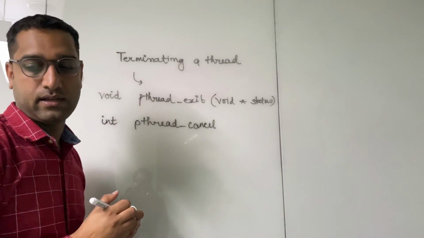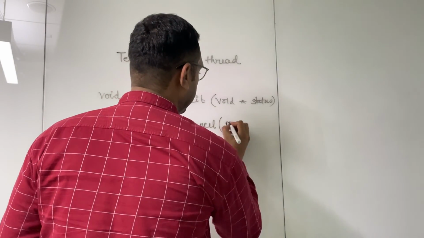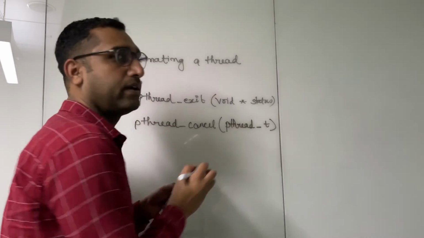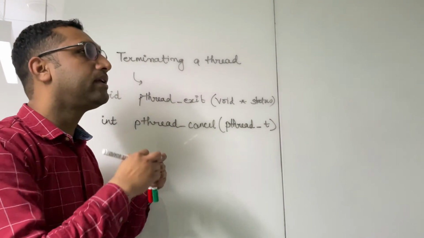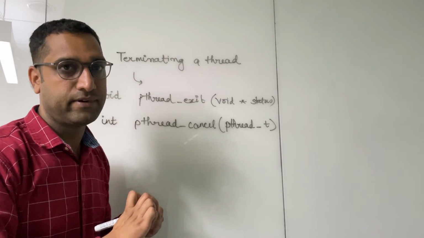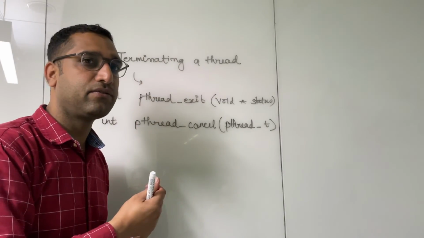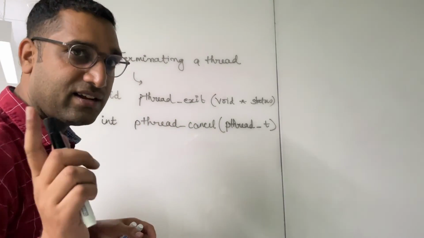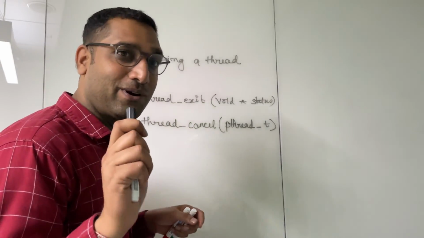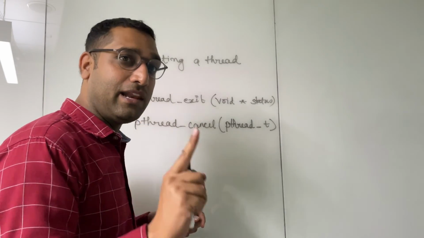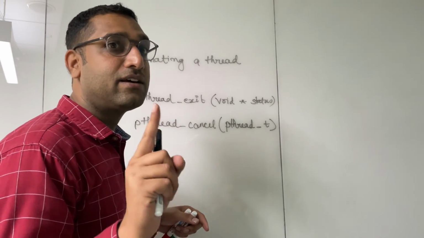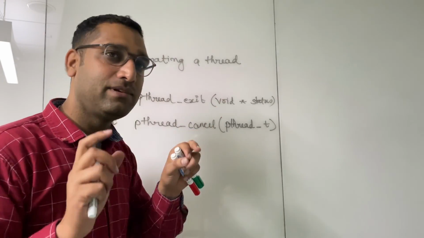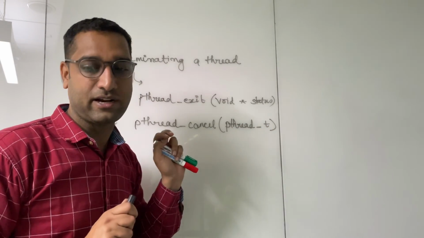What it does is, it takes a thread ID, and it terminates the other thread right in the middle of it. It's like Control-C on the terminal, something like that. Not exactly Control-C, because if we wanted that, we would be doing pthread_kill with a SIGKILL, the TID and SIGKILL. So kind of similar. It's cancelling this particular thread.